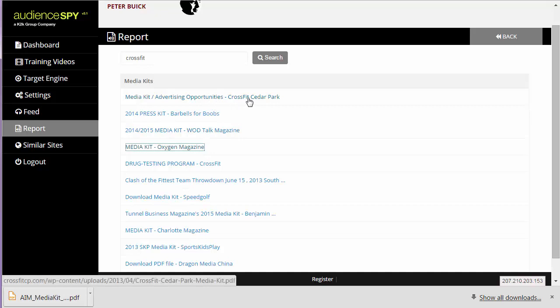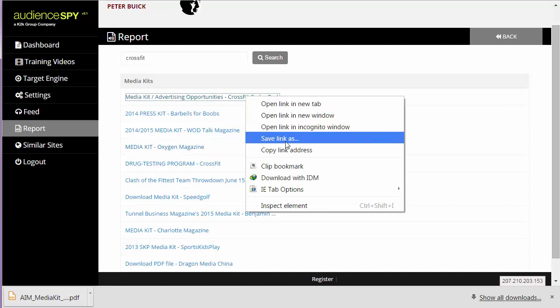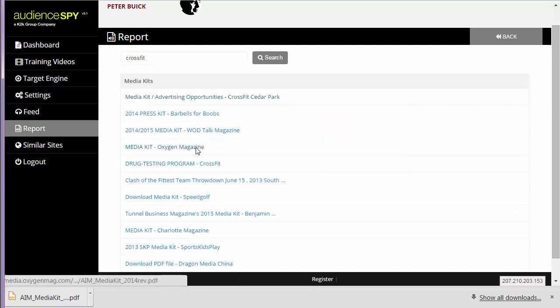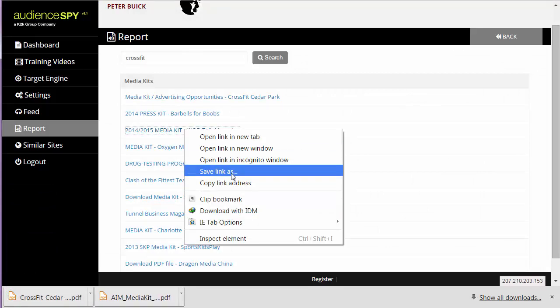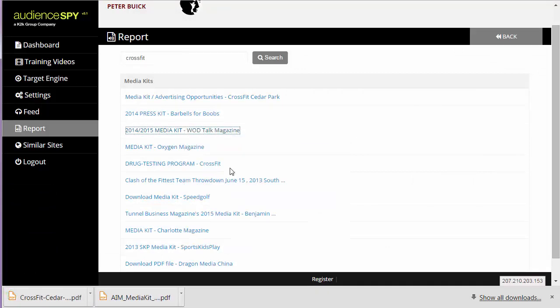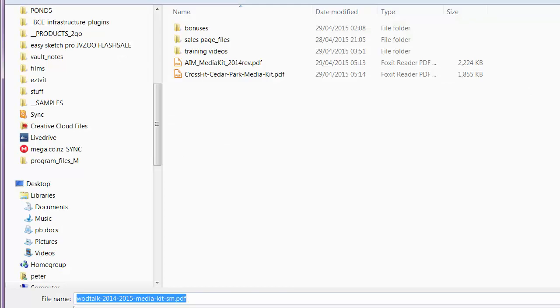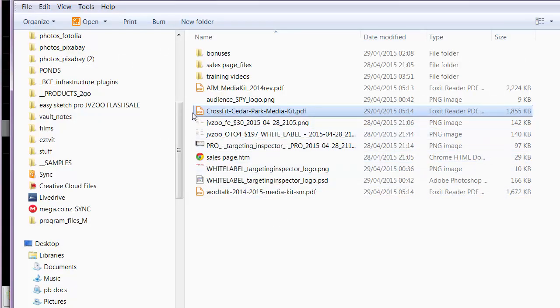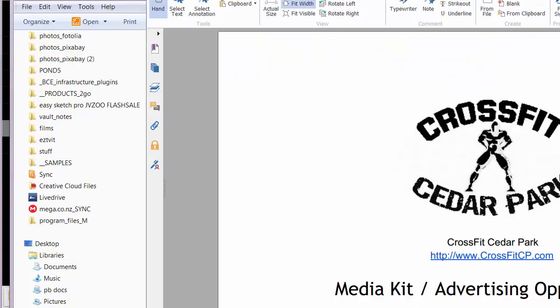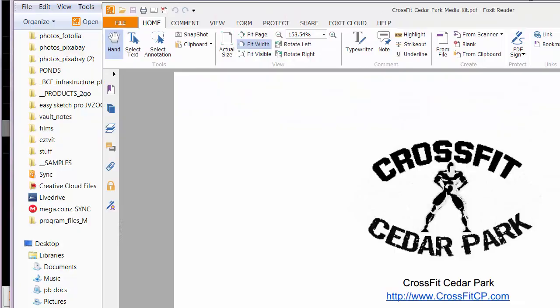That one might be important. Let's do that one. I was going to say the WAD one just out of interest. So if there was a strong contender in there, we get the media pack for them, and it might give us all sorts of information.